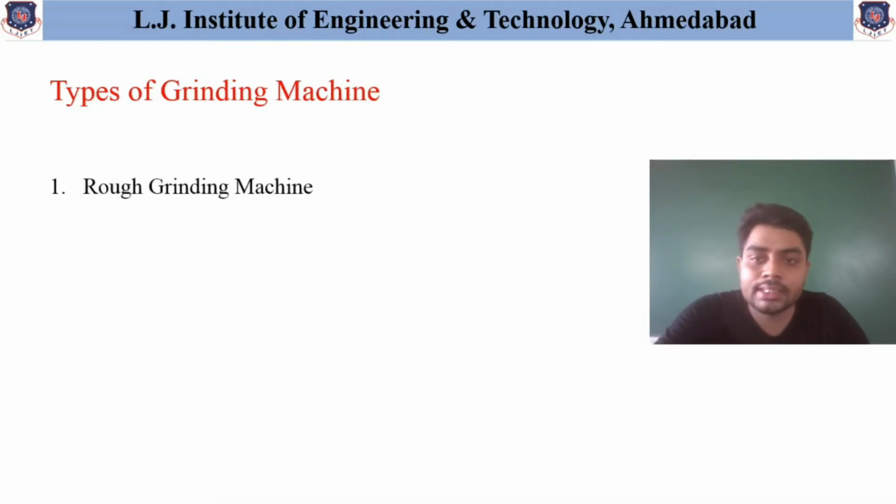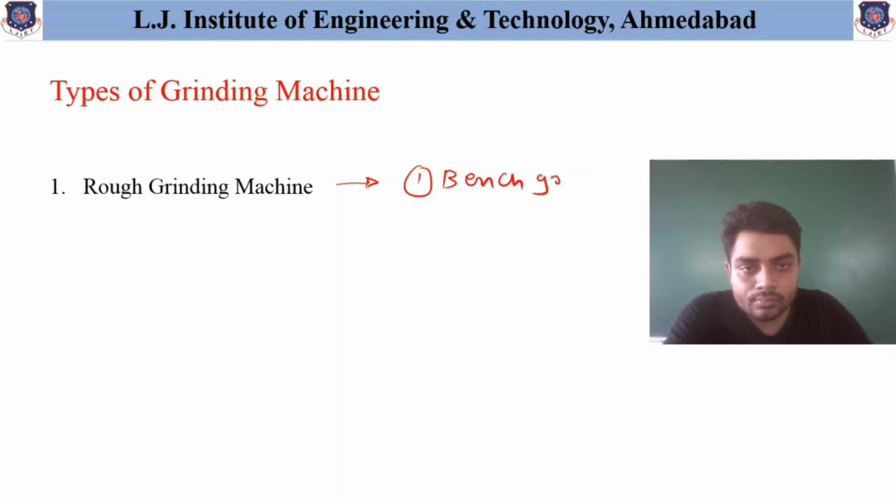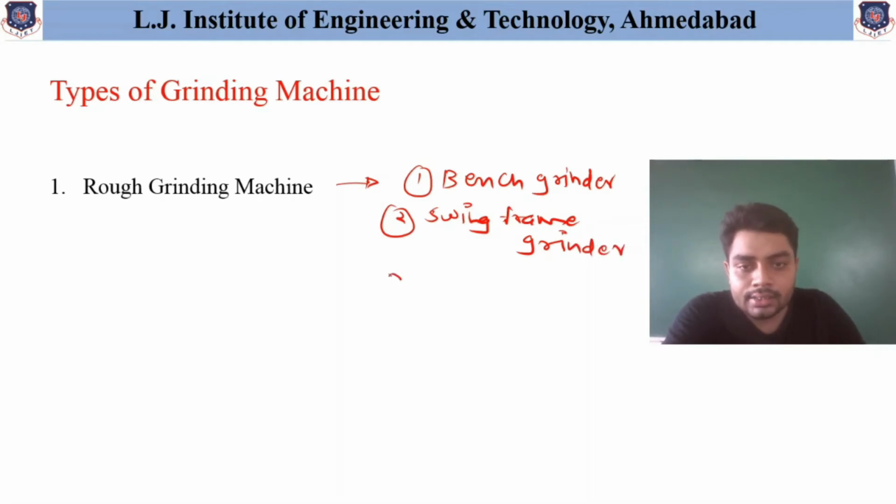The first one is the rough grinding machine, and this rough grinding machine is further classified as: first, the bench grinder; second, the swing frame grinder; and third, the belt grinder.